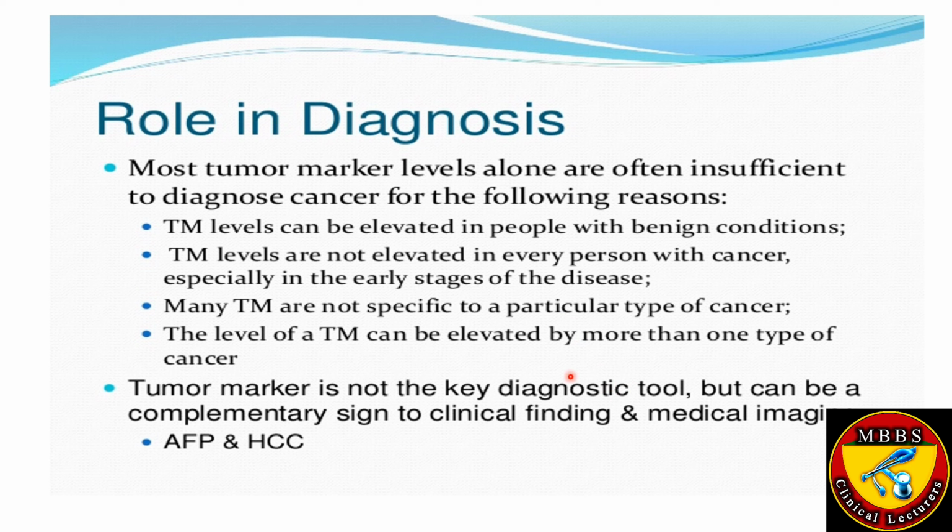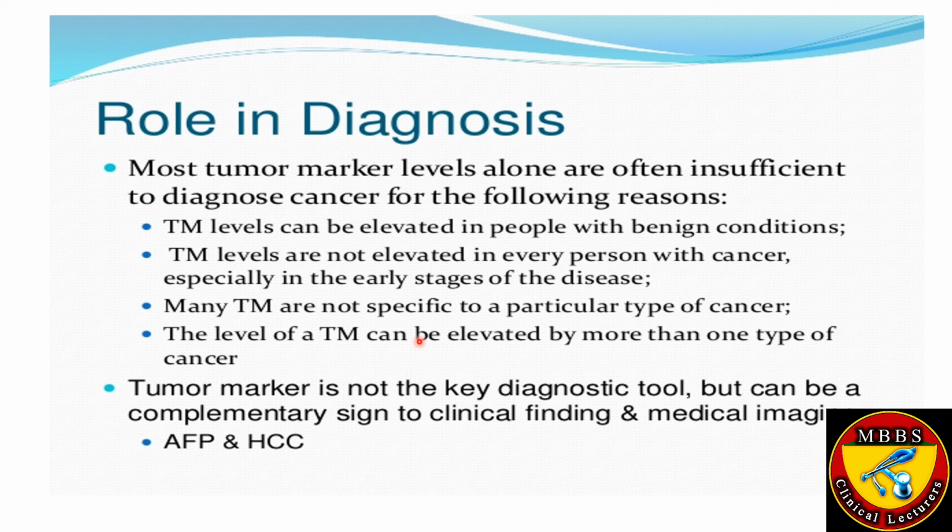Okay, so always remember this: tumor markers alone are not sufficient to diagnose any type of tumor, because there are many reasons. Their level may not be sufficient to diagnose, or the tumor marker levels may not be elevated in every person. I mean, the tumor is present, but the level of the tumor markers differs depending on the person, and especially the stage of the tumor.